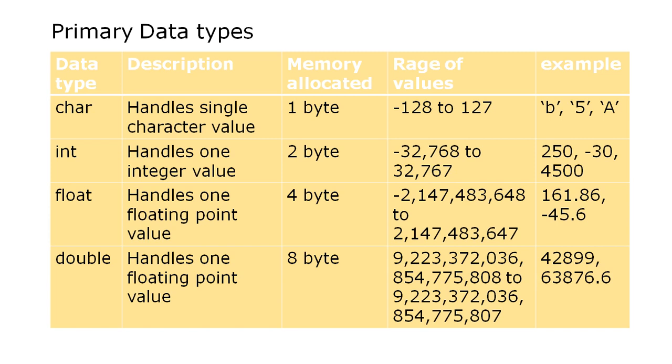Each data type handles only a single value. Char is 1 byte, int 2 bytes, float 4 bytes, double 8 bytes.